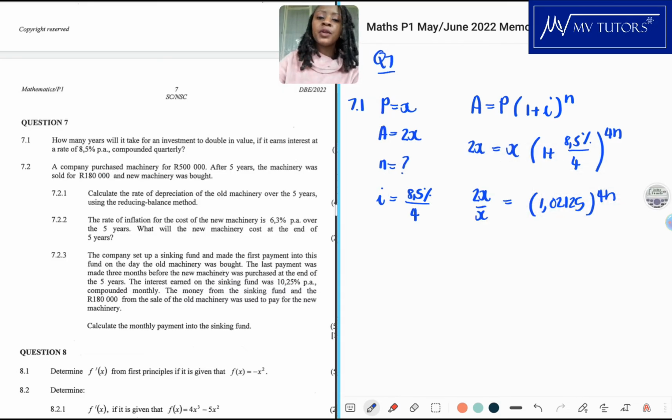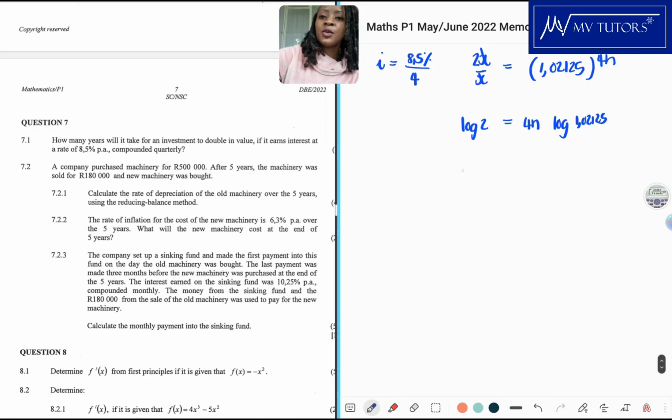So we're definitely going to use logs. Here I'm going to remove the excess, so I have log 2 is equal to 4n log 1.02125. So 4n is equal to log with base 1.02125 of 2, and n will be all of that divided by 4.